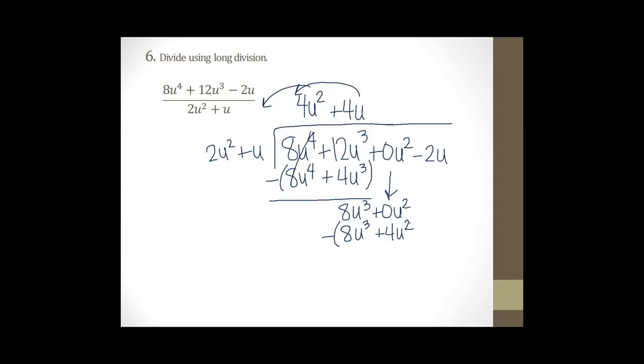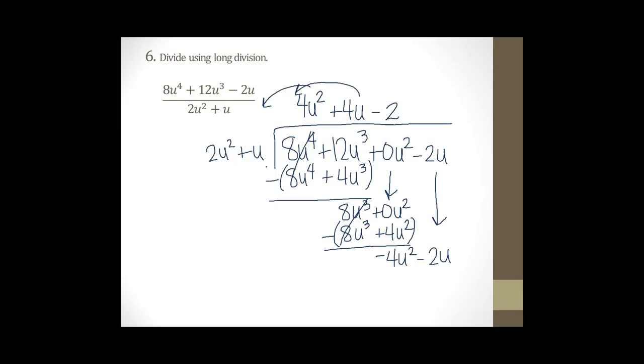Now we're going to subtract here. The 8u to the 3rd cancels out, and then 0u squared minus 4u squared is negative 4u squared. And now we're going to bring down minus 2u, and then we're going to divide again. So negative 4u squared divided by 2u squared would give you just negative 2.